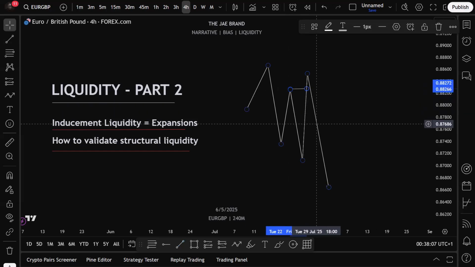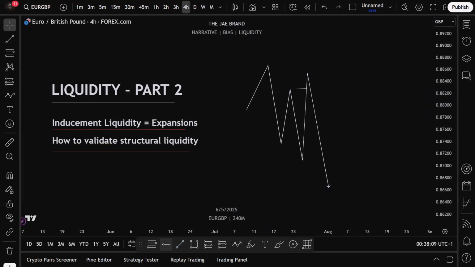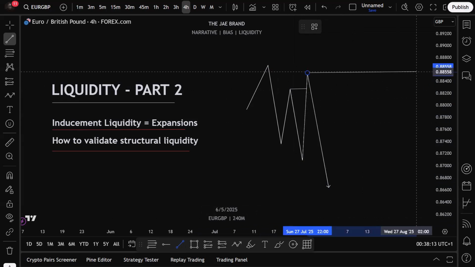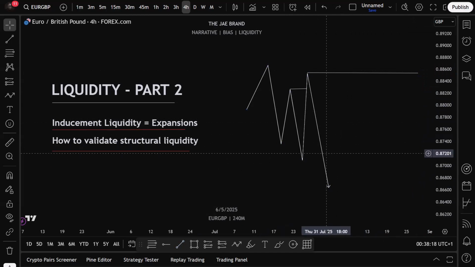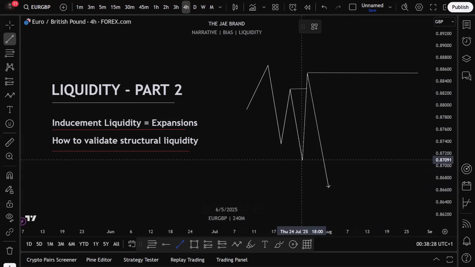So this is our swing structure. In our swing structure, this is a sweep of the previous high, and then we have a break of structure, which is our transactional liquidity.